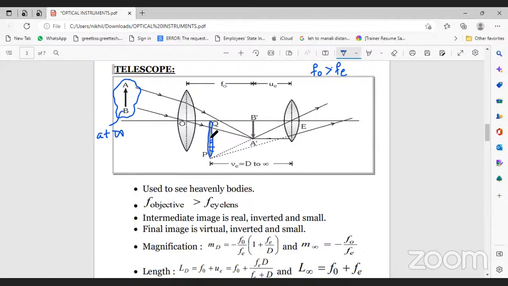This is the final image. For the objective lens, AB, the image will be A dash B dash. When this A dash B dash acts as an object for the eyepiece, an image is going to be formed, which is inverted, but enlarged.